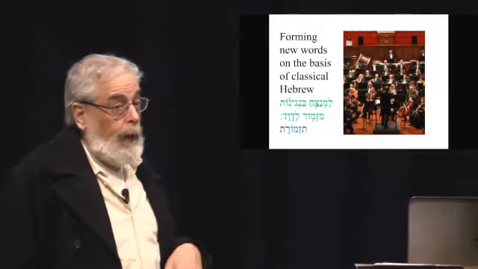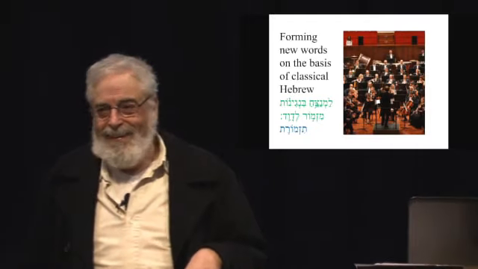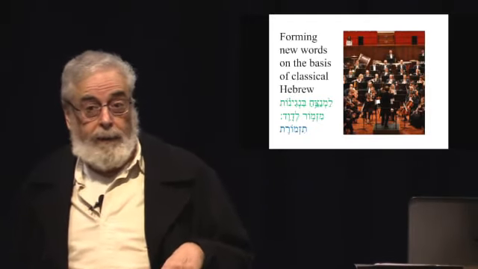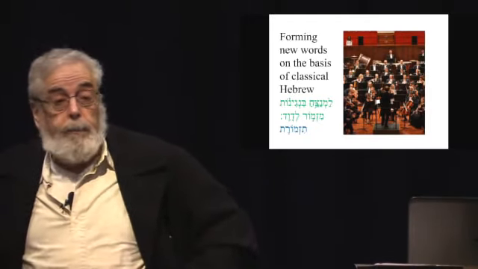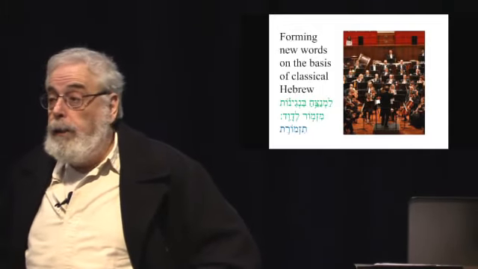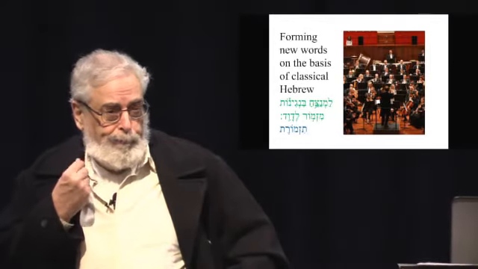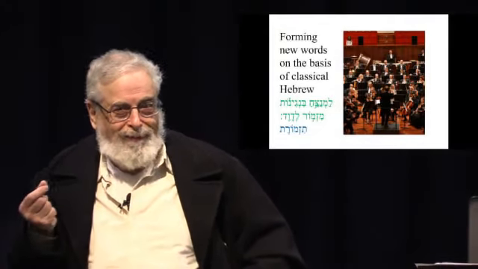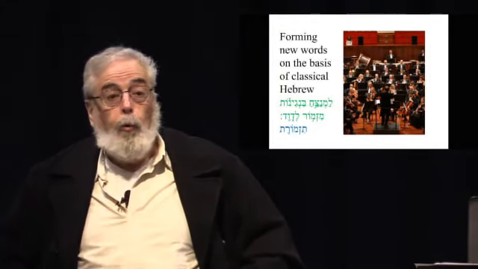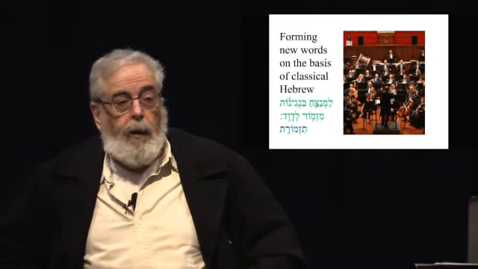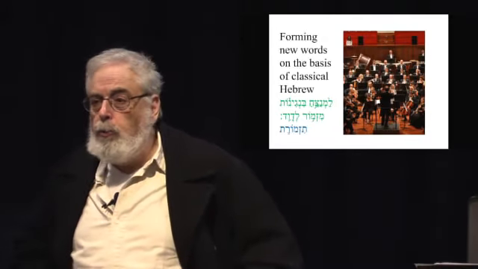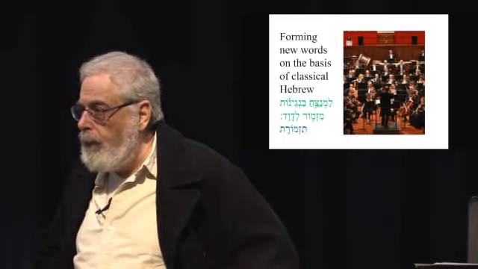Now here is one very interesting example. There is a root in the Bible, Zayin Mem Resh, Zemer. I cannot pronounce it because it's not a word. Zmr, which means in the Bible either to sing or to play instruments.